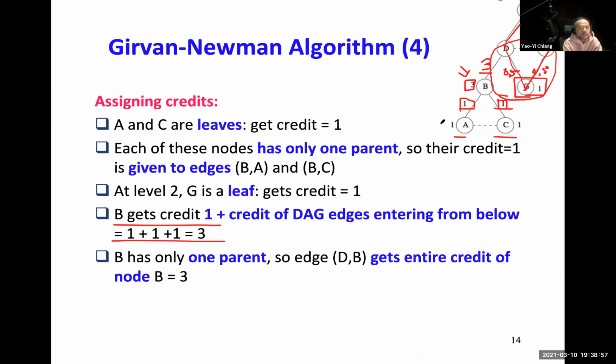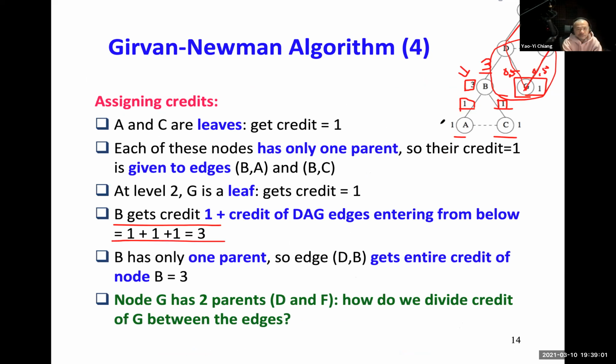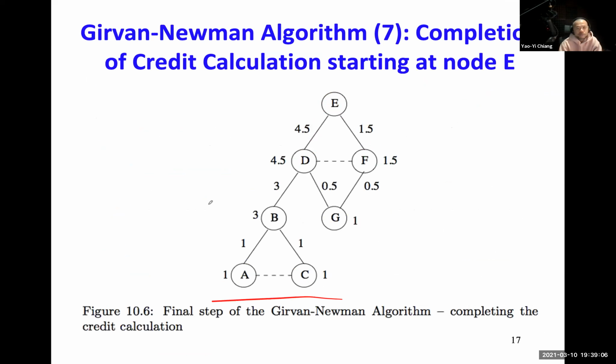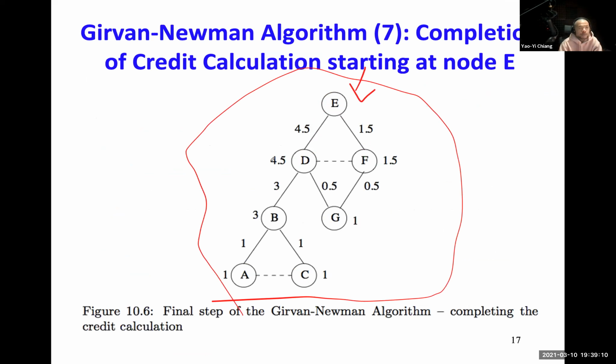But when you are propagating the values, you are not really using those numbers. Okay, so this is your final result when you pick E as the root. And the numbers on the nodes are not important, because you only care about the betweenness at each edge.